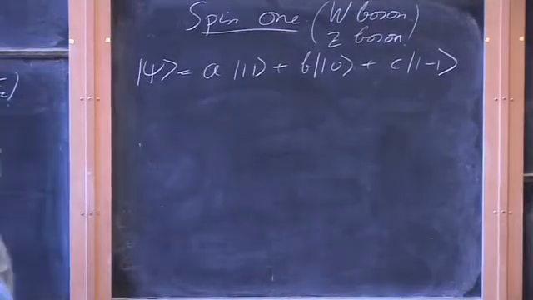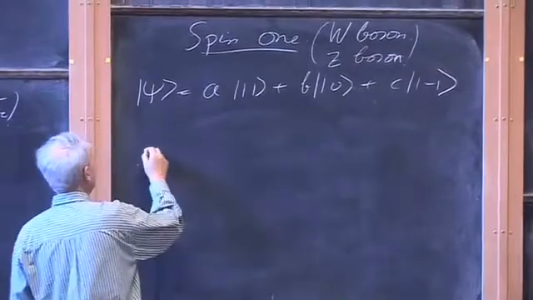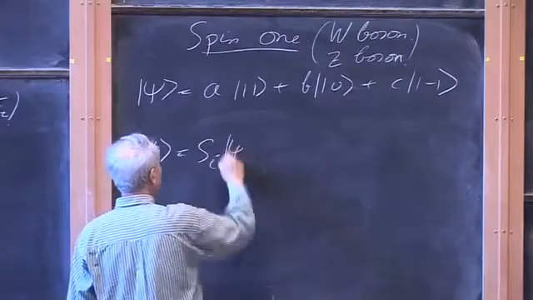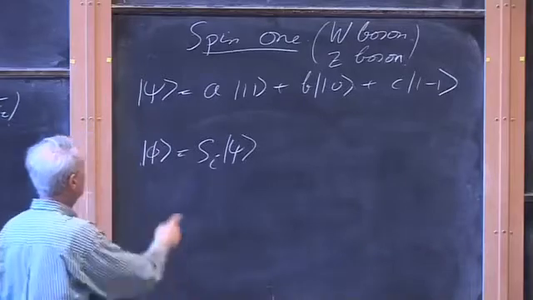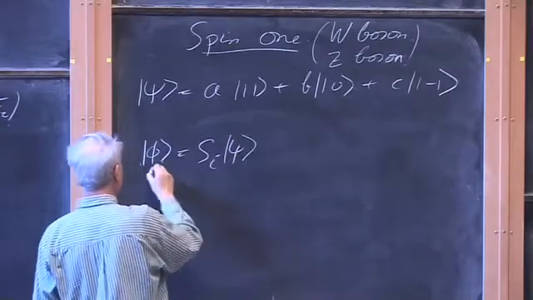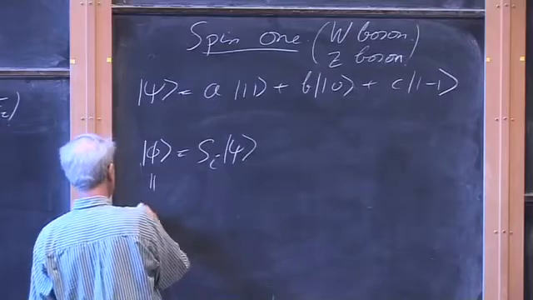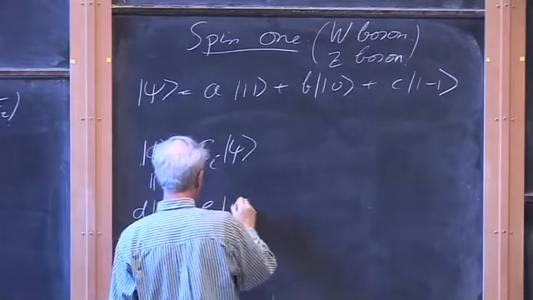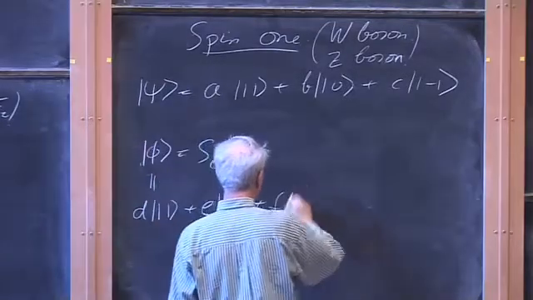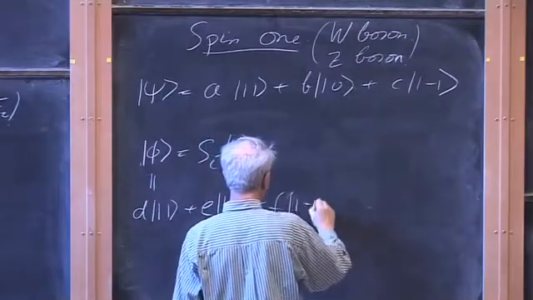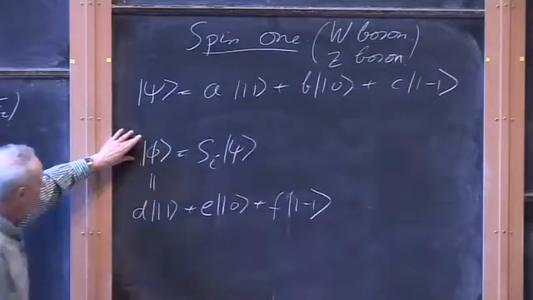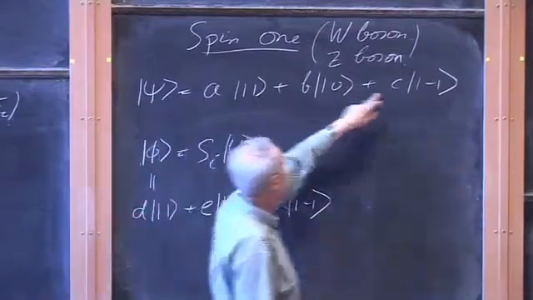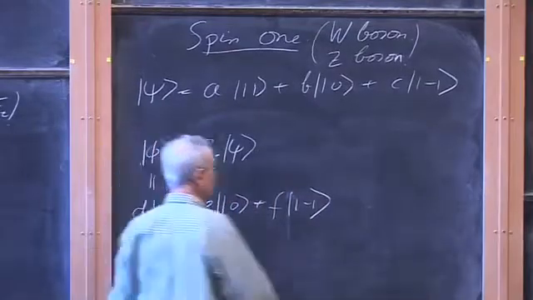So the consequence of that is that if I have a spin operator, S_i, working on psi, that maps to a matrix problem where we write this as A times |1,1> plus B times |1,0> plus C times |1,-1>, and the result as D times |1,1> plus E times |1,0> plus F times |1,-1>. So this is represented by 3 complex numbers, D, E, and F, and this is represented by A, B, and C, and there will be a matrix relation between these.